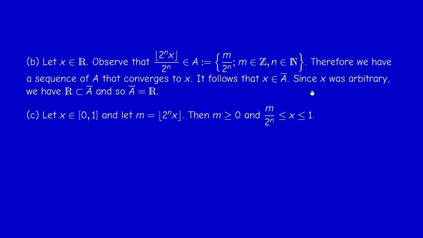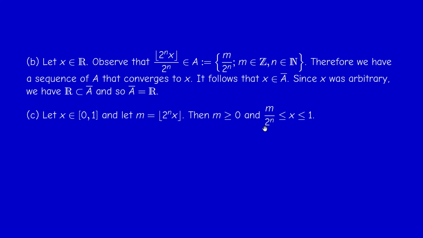So let M be the floor function of 2^n x. Since x is bigger or equal than 0, 2^n x is bigger or equal than 0, so the floor function is bigger or equal than 0. So the first observation is that M is non-negative. The second observation is that M is less than or equal to 2^n x.